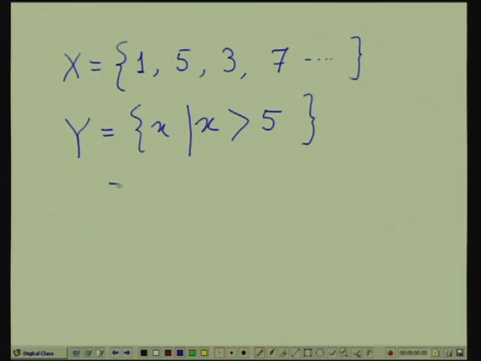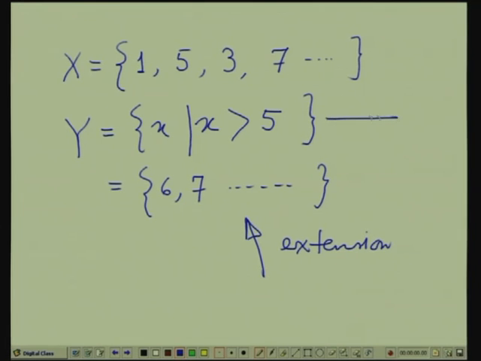That means I am defining a set of 6 and onwards, if I say only integers 6, 7, etcetera, in that way. So, this is a definition by extension and this is an implicit definition.